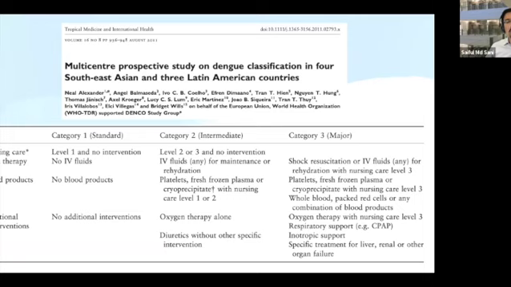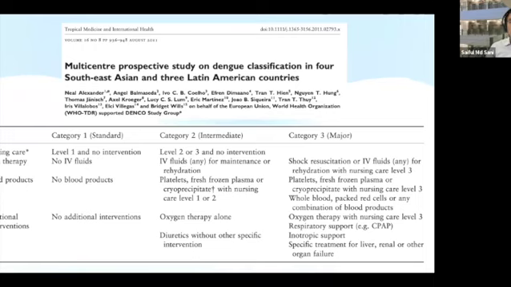So a group from WHO called the Dengue Study Group decided to look at how the two classifications, 1997 and 2009, bode to the final clinical management of patients. They divided clinical management into the standard management, where you don't require any IV fluids.